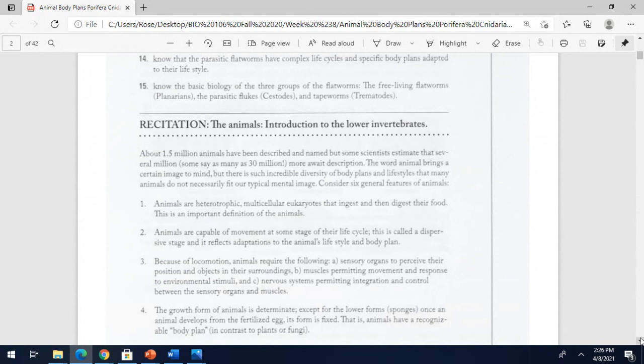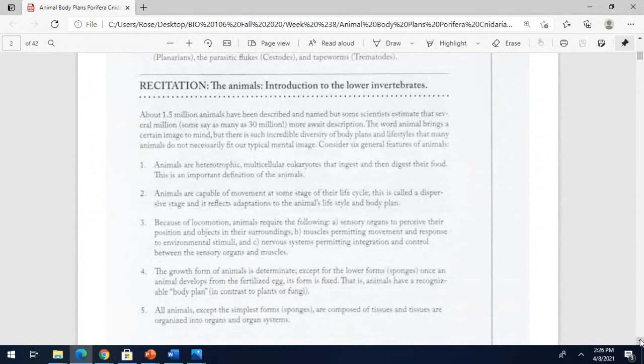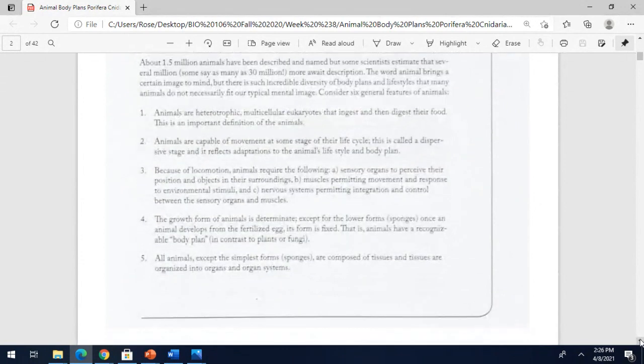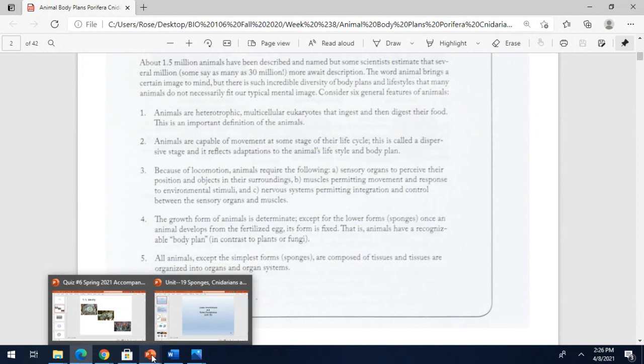Now, for the animals, we have these features or characteristics that we use to classify in the Animalia kingdom. So, of course, they're heterotrophic. They do not make their own food, like photoautotrophic or chemoautotrophic.